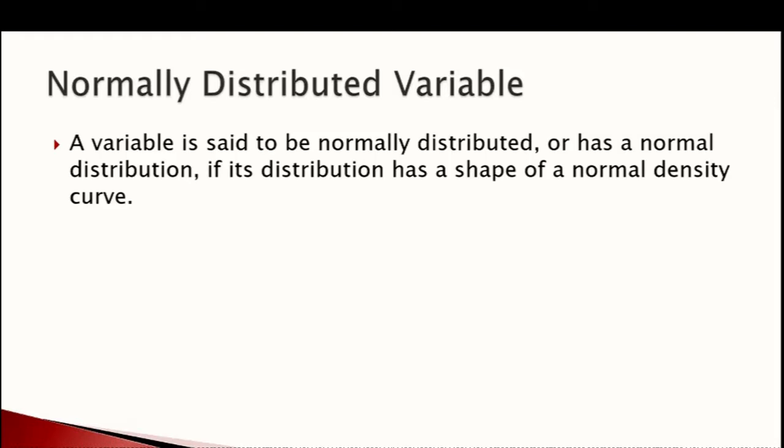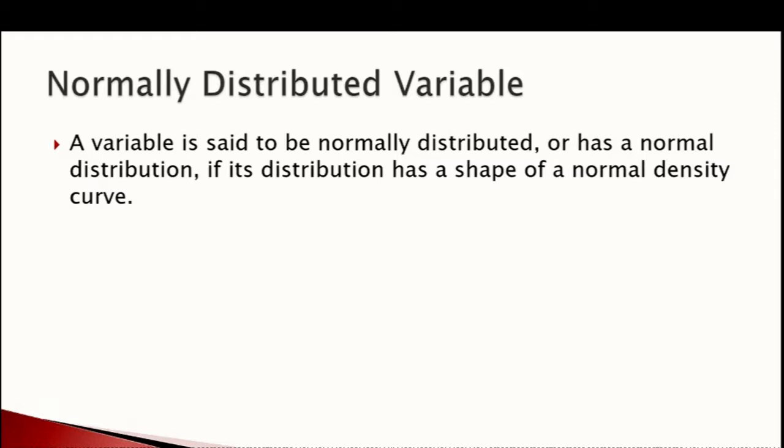For a normally distributed variable, the percentage of all possible observations that lie within any specified range equals the corresponding area under an associated normal curve. Does that sound familiar? Yes, it sounds just like the density curve that we discussed in the last section, because the normal curve is just a special case of a density curve.